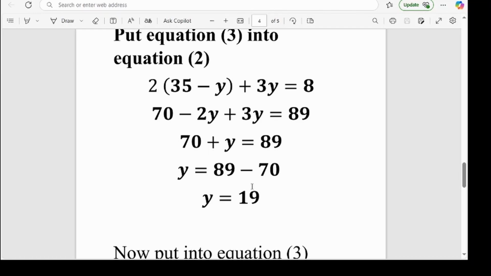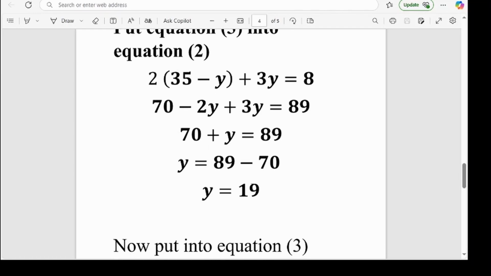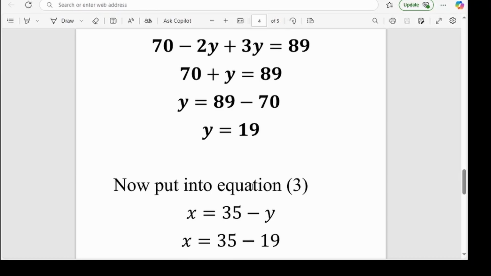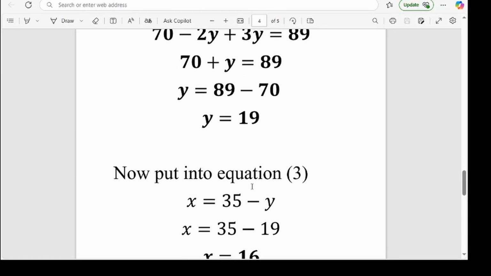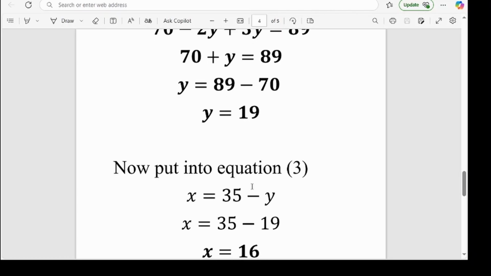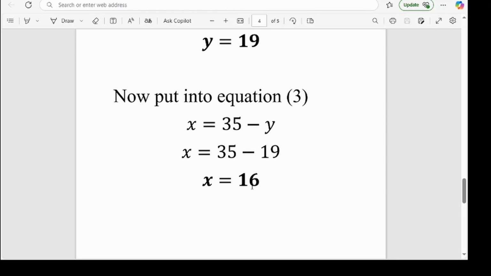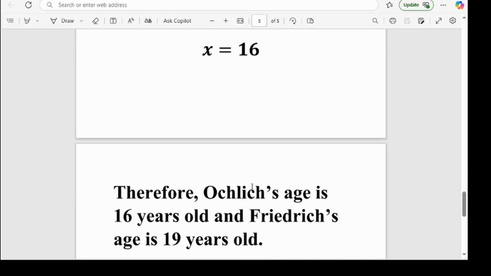So we now put into equation 3, which was the equation for the age of Ocklish, x is represented as 35 minus y. So x is equal to 35 minus 19, which is the age of Friedrich. And so therefore x is 16. So therefore the age of Ocklish is 16 years old, and Friedrich's age is 19 years old.